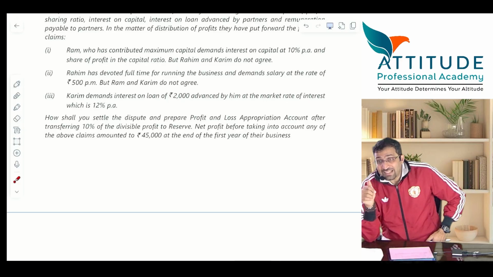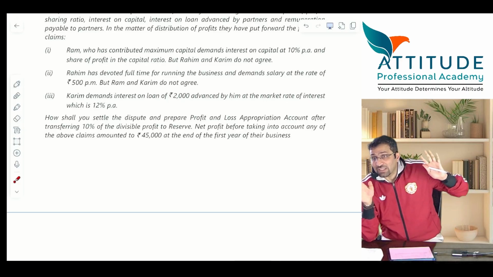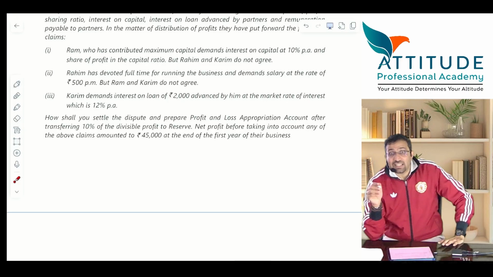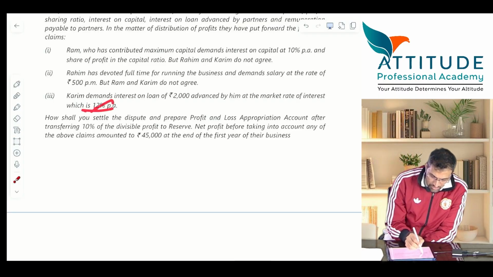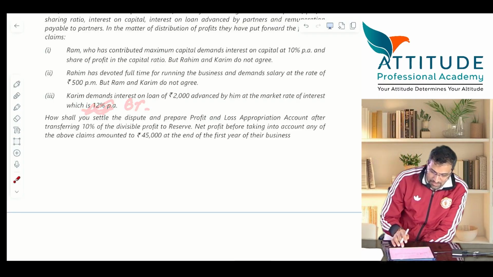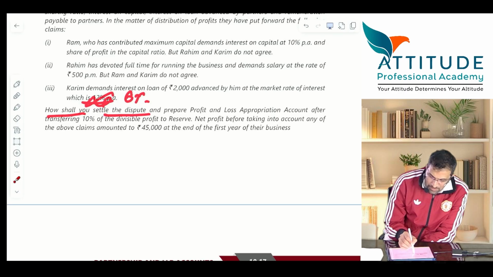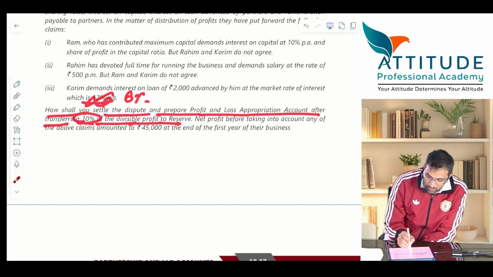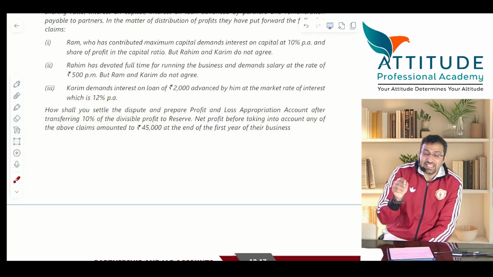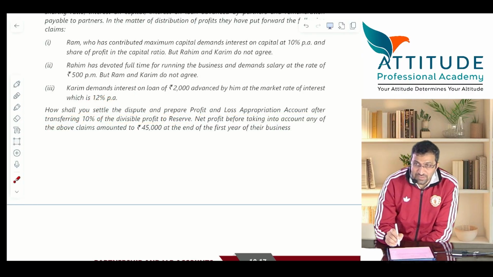As per the partnership act, how much? 6%. And 6% not compound interest, simple interest. Is that clear? That is also important. So 12% नहीं मिलेगा, कितना मिलेगा? 6%. So how shall you settle the dispute and prepare P&L appropriation account after transferring 10% of divisible profits to reserves? Clear cut दिया है. Divisible profits to reserves.